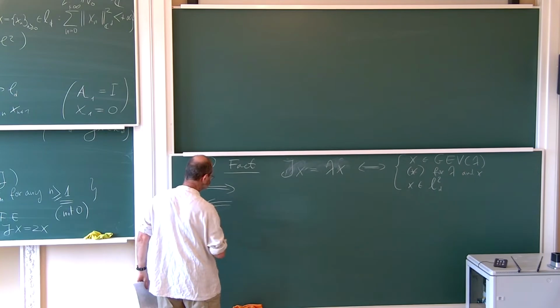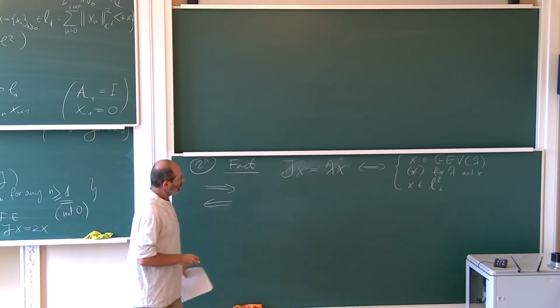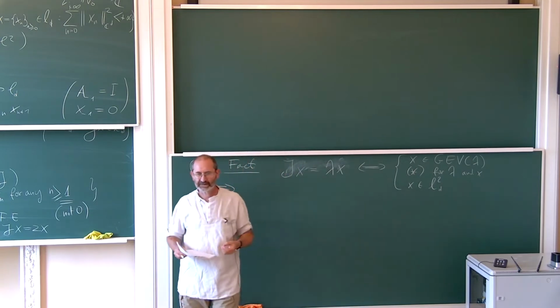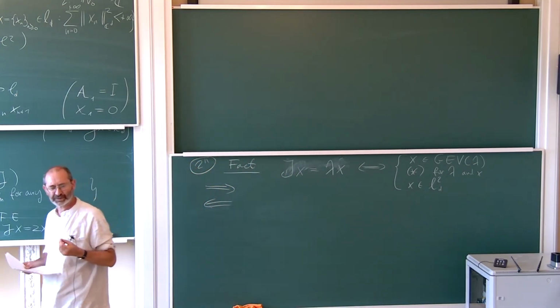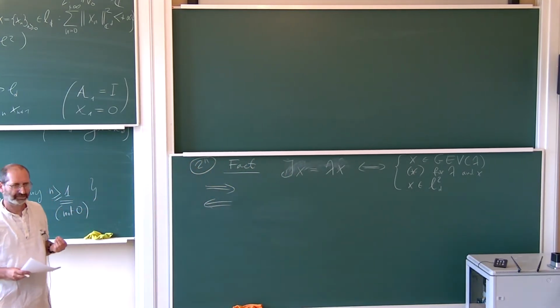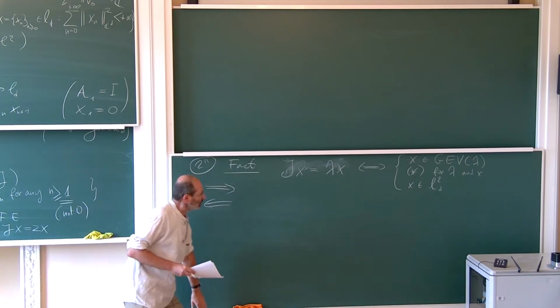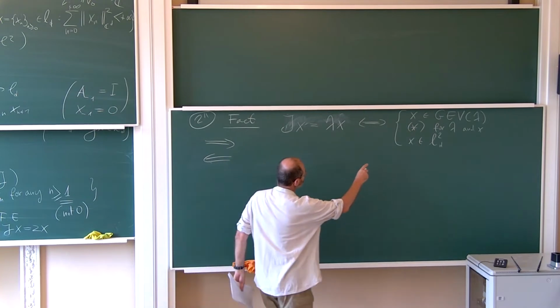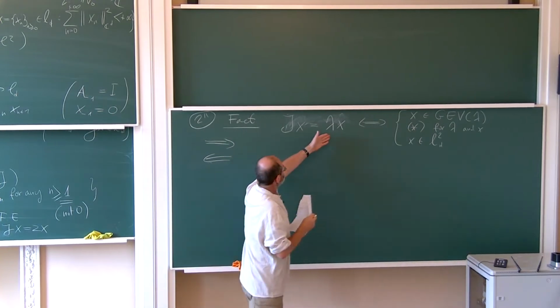But why is this direction also true? This is the place where our choice of the domain is important, that this is a maximal operator. So observe: what does it mean that this holds?